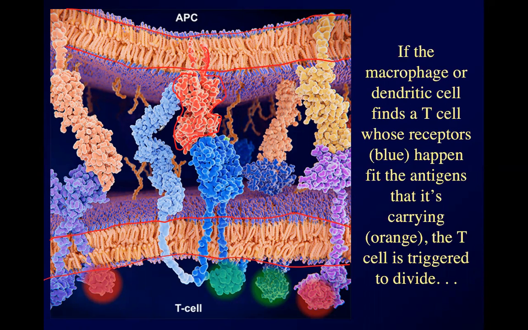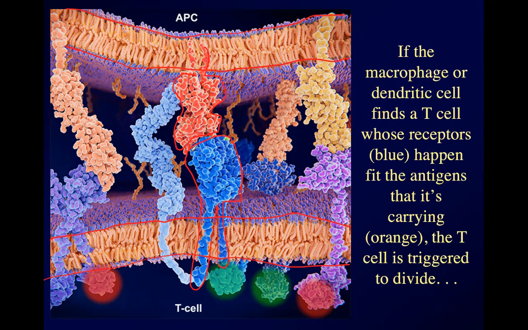So the macrophage is carrying this thing on the outside, and it goes around in your lymph node looking for a T cell whose receptor protein, which is shown here in blue, just happens to have a shape that fits the antigen. It's like you've got a key and you go around from door to door trying to figure out what lock might fit it. And the antigen presenting cell should eventually find a T cell whose receptors fit the antigen.